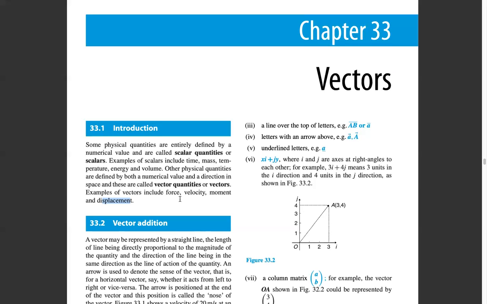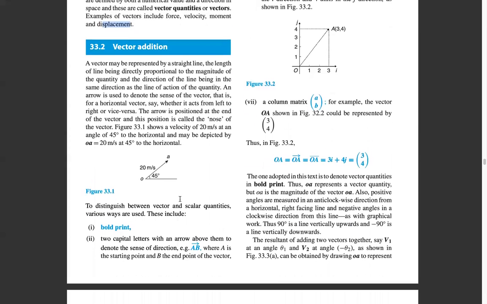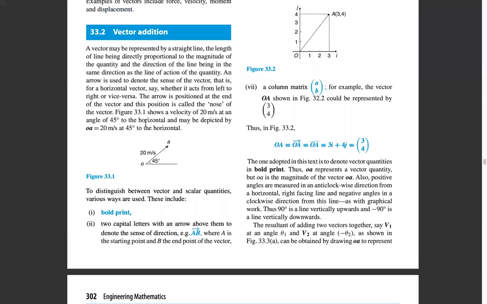A vector quantity is added to another vector quantity by using components, which you'll see in a while. So you see here vector addition, right? Vectors are usually represented by a straight line with an arrow in the direction they're pointing to, and the length of the arrow is usually an indication of the magnitude of the vector, right?